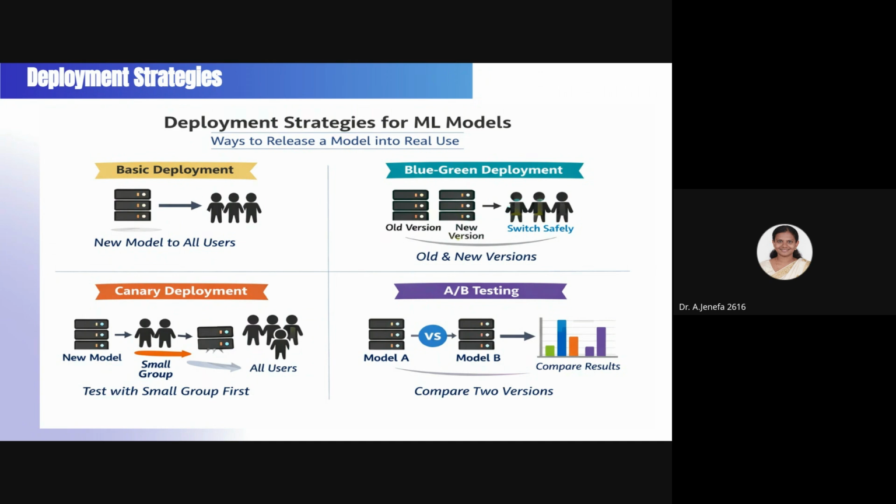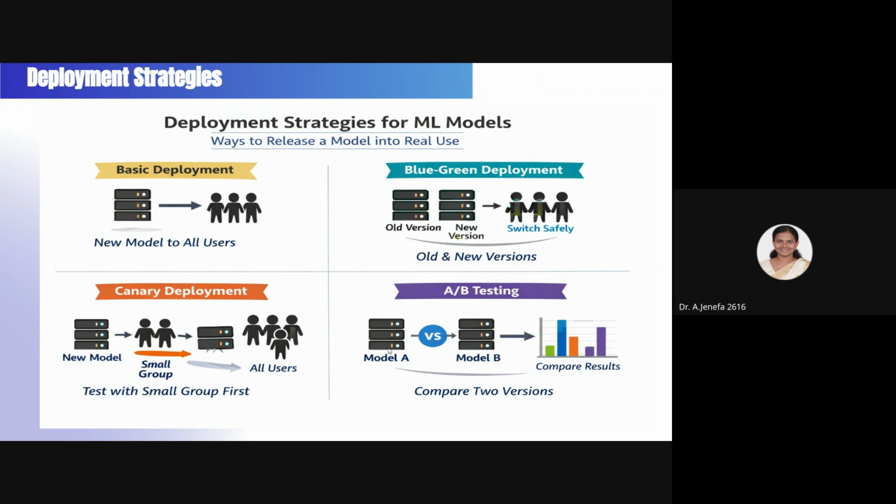So the model is initially deployed only for small groups within the organization, and when they find it works very well, then the model will be deployed for all the users in real-time usage. This is canary deployment.